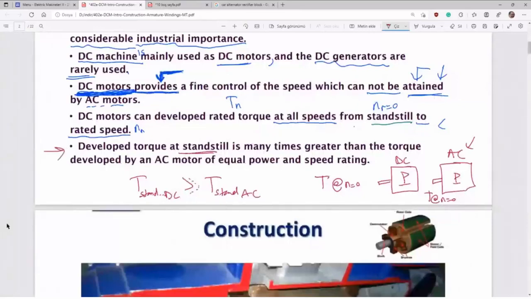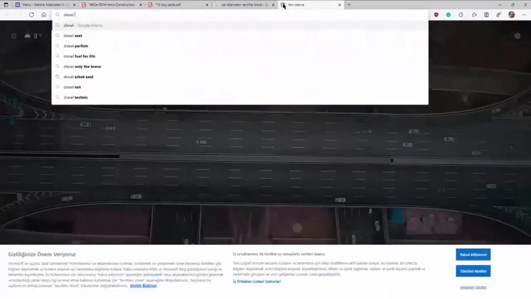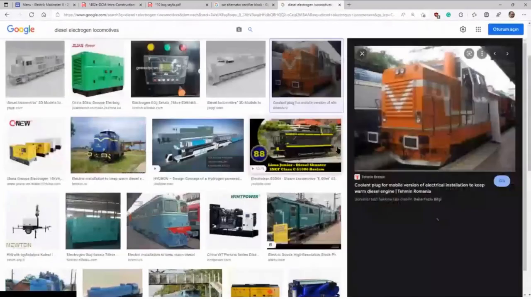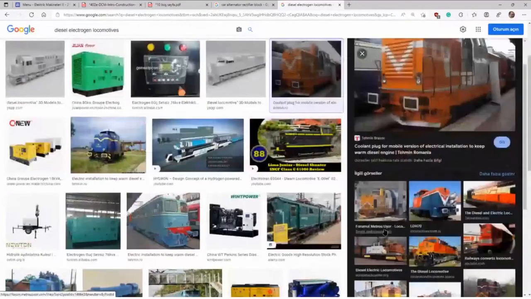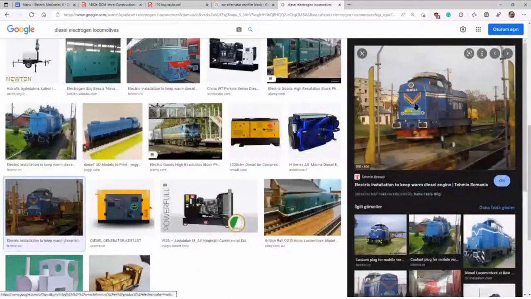For example, you are doing a very tough or difficult job. For example, you are drilling in the mining industry. You need much more torque. For example, in trains, here's a diesel electric generator. Everybody remembers such devices. Here are some locomotive types.